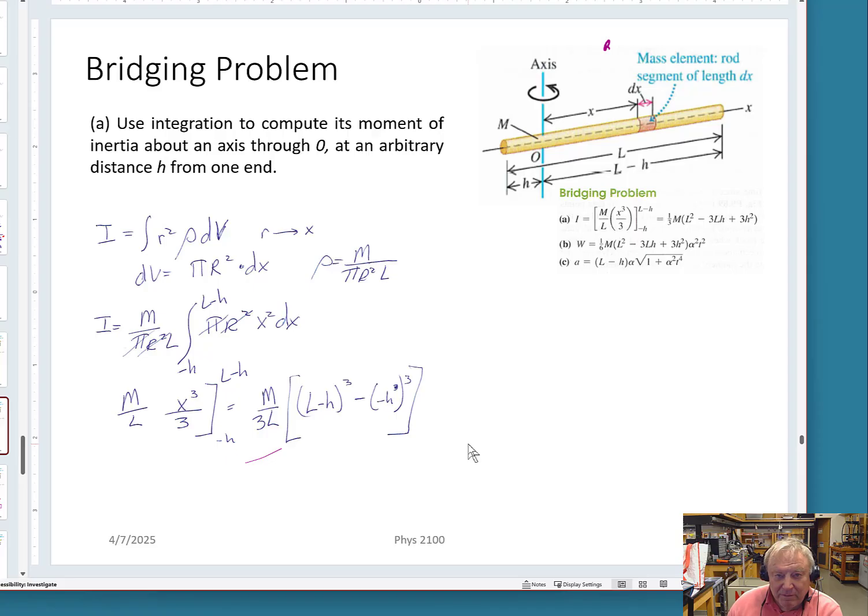So why is it... oh, duh, because I'm calculating the moment of inertia, not the center of mass.